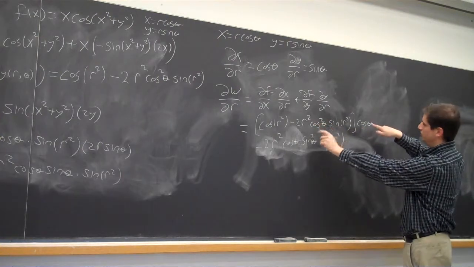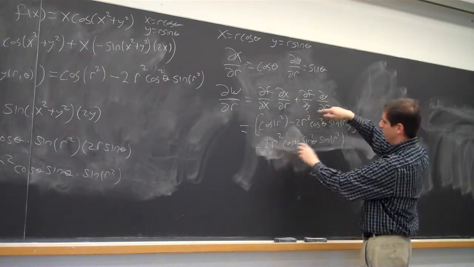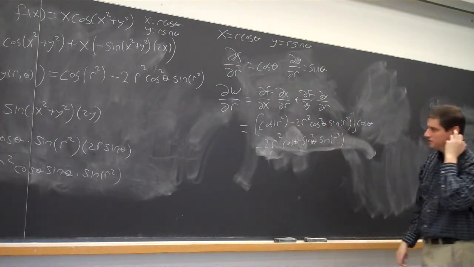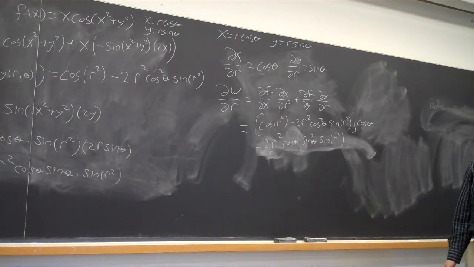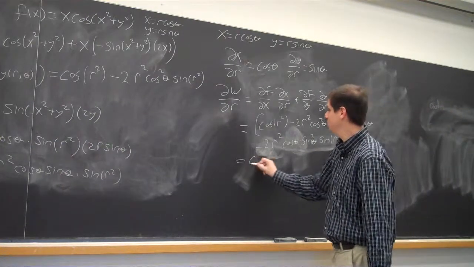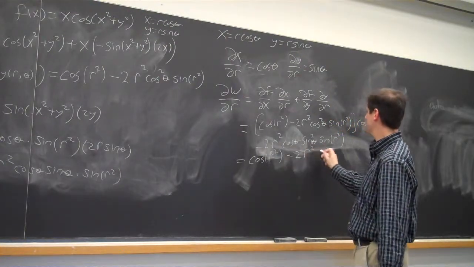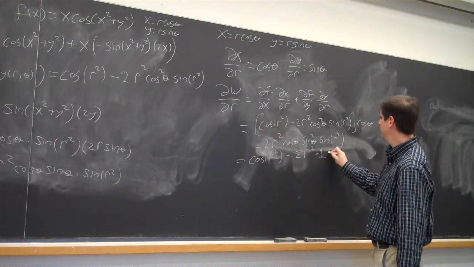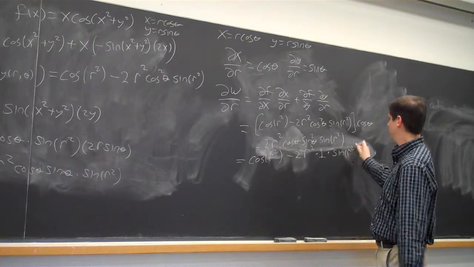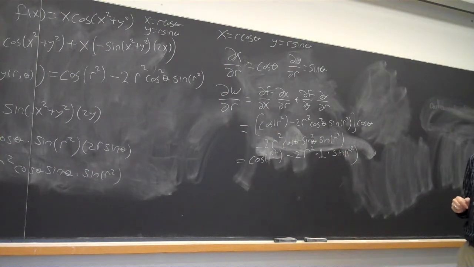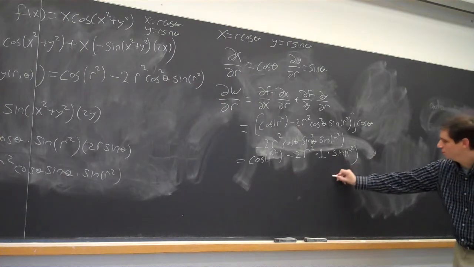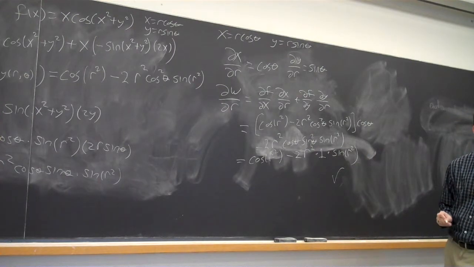We have a cosine theta, minus 2r squared, minus 2r squared. Cosine squared plus sine squared is 1. So this simplifies to cosine of r squared minus 2r squared times 1 times sine of r squared. Does that match what we had before? Yes. We can put a check mark here. All right, it matches.